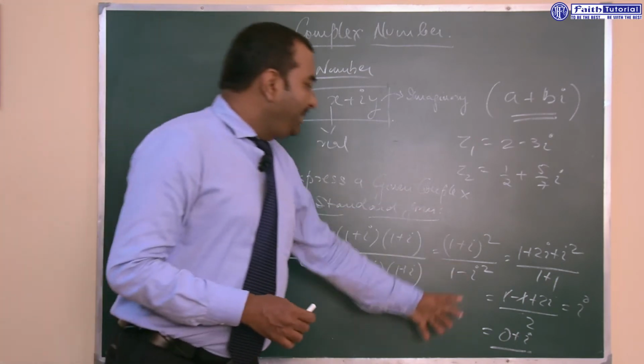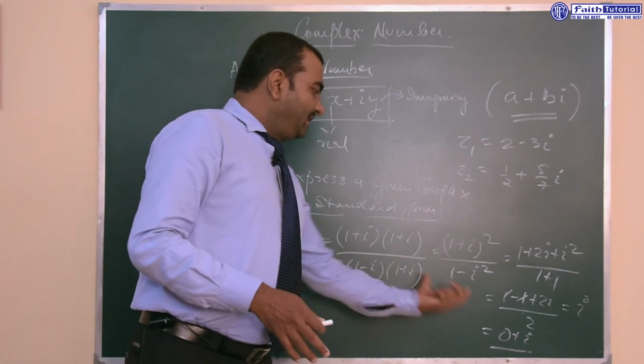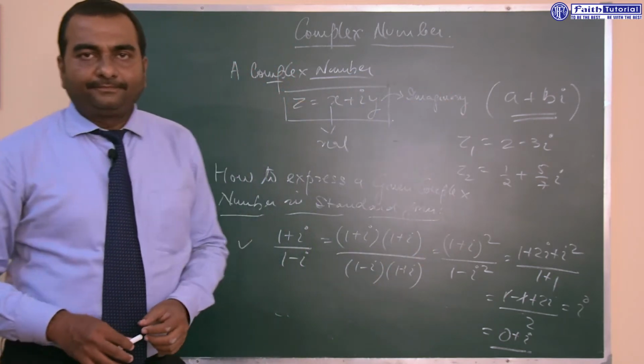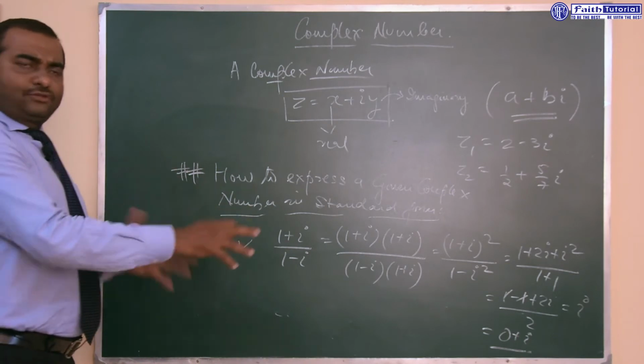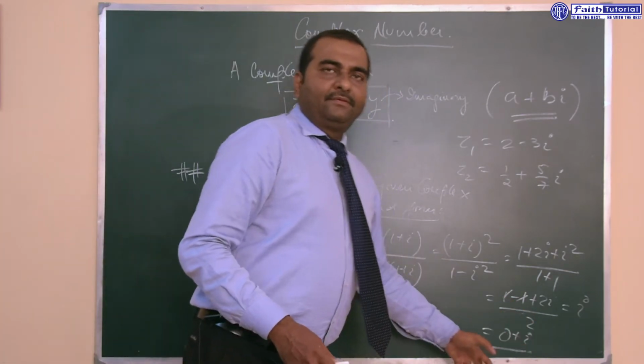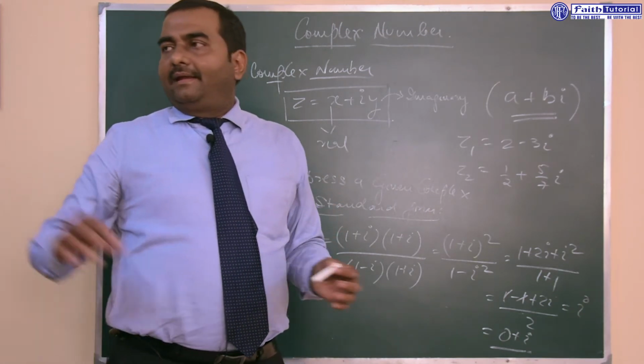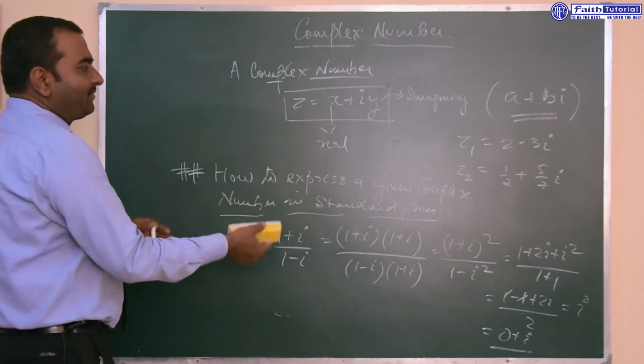So this is how we present it in the form of x plus iy or a plus bi form. Any complex number has to be expressed in this form. As I said, that's the most pivotal thing of the entire concept. Let's see some other things related to it.